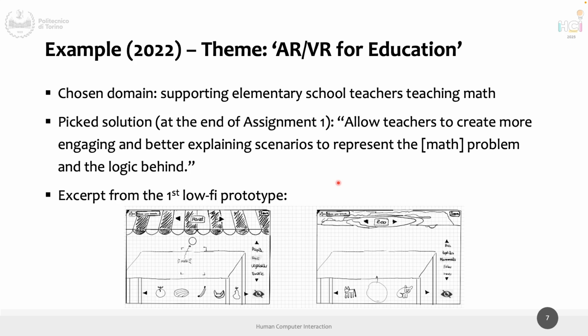But they had the constraint to be in augmented reality or virtual reality, and they decided to do it in augmented reality. So this was like a real table in the classroom, and then these are instead the virtual objects to move on the table.